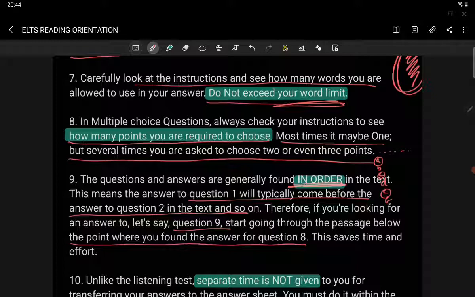The answer to question 1 will come in the beginning, number 2 will come after, number 3 below that, number 4 below that. They will be in order. So don't waste your time by going through the passage all over again. You can just start from where you left the passage where you did the previous question. That is generally how it is.